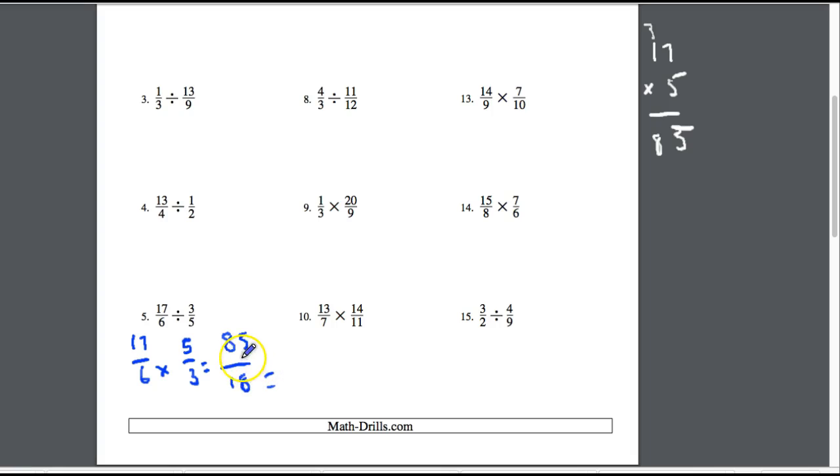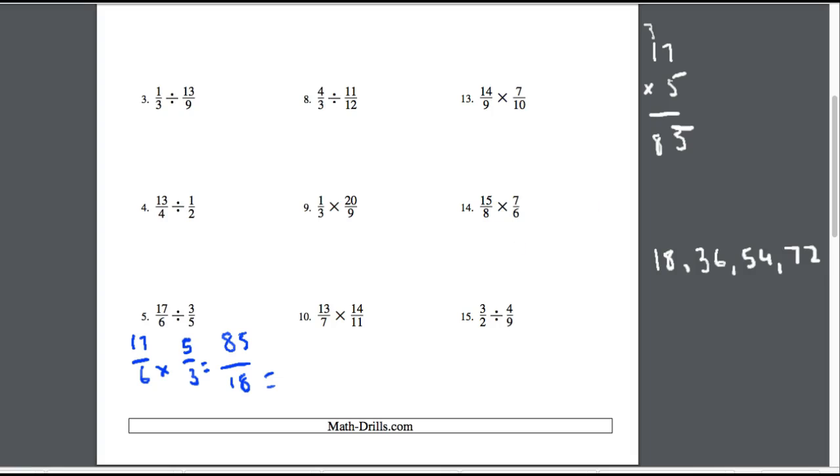All right, how many 18s go into 85? So this is going to be tricky. So it might be a good idea to think about the multiples of 18 if you like. So just another way of doing it. So we have 18, then the next one is going to be 36, then the next one is 54, and then 72.